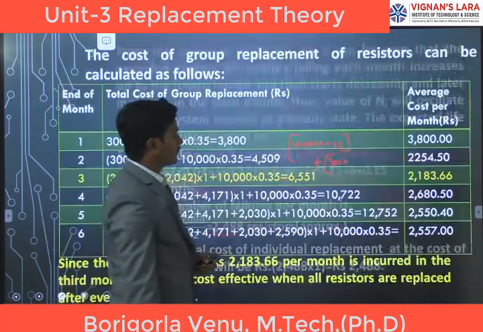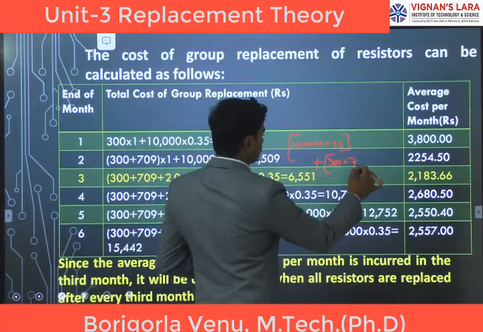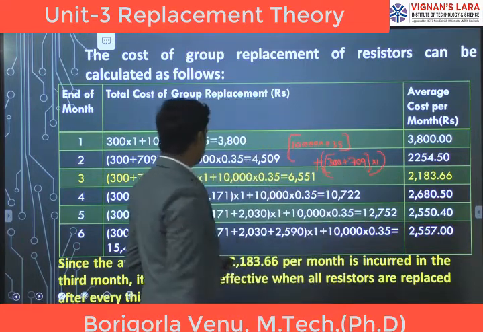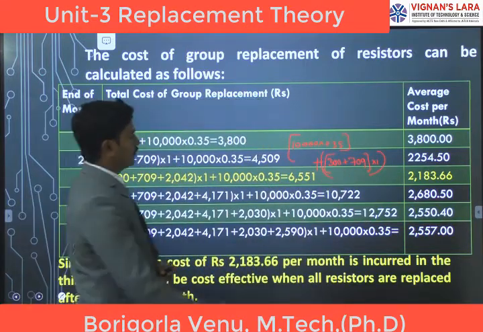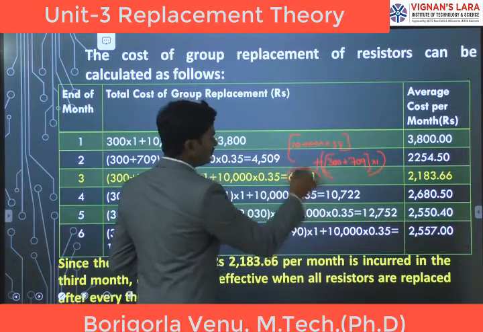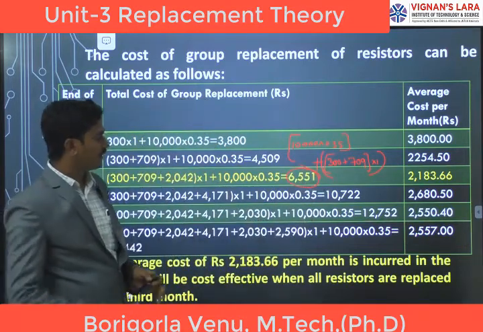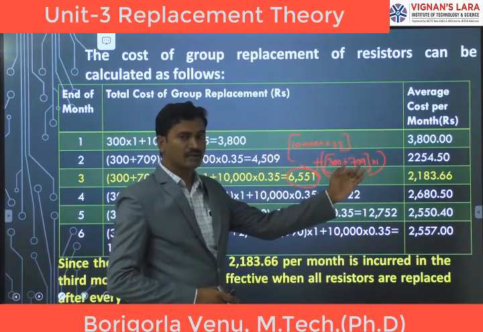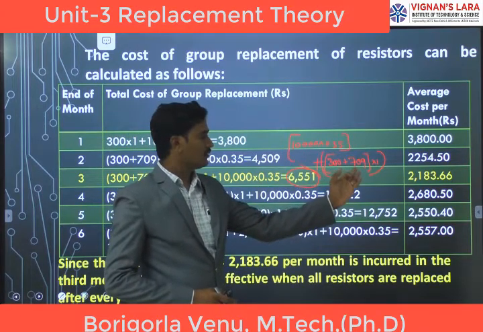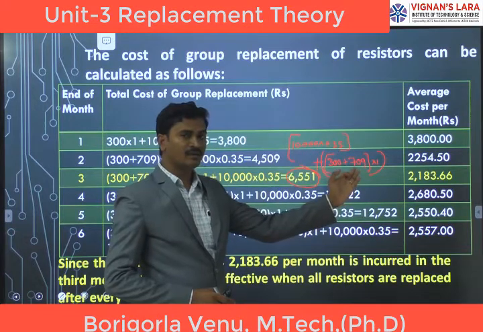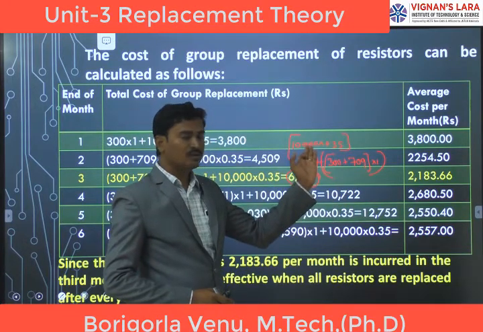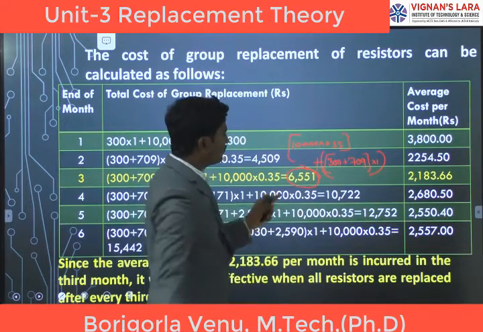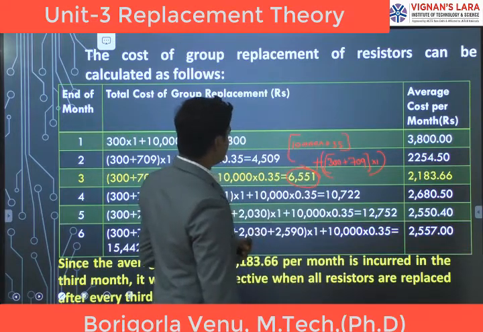So 709 into 1, and from this we get 4,509. These are the values of the end of the first and second month of resistors, and these are the group replacement of resistors.